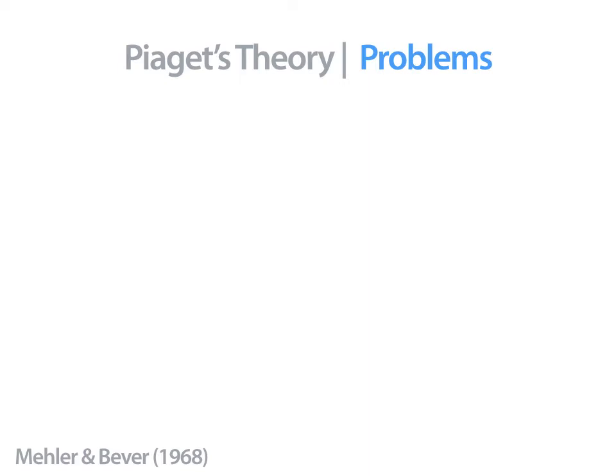So one problem with Piaget's idea that you go from this pre-operational logic blind stage, where you can't solve a conservation problem, to a concrete operational stage where you are able to solve conservation problems, came from an experiment by Mehler and Bever in 1968 that was published in Science magazine.